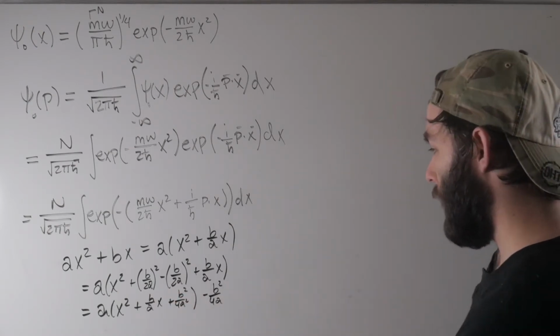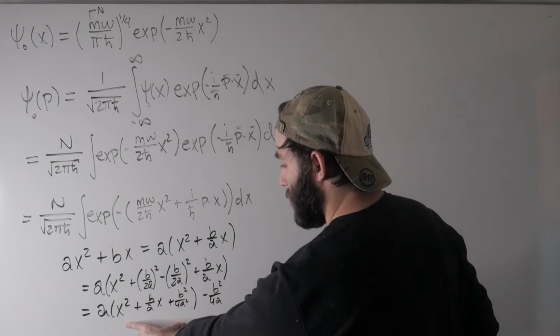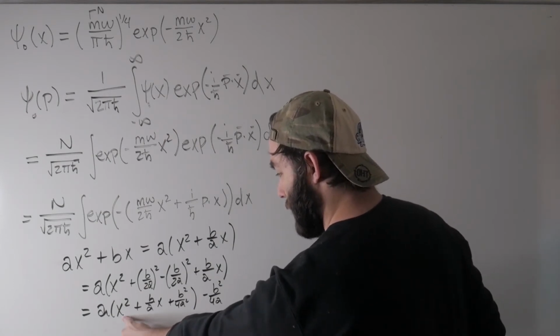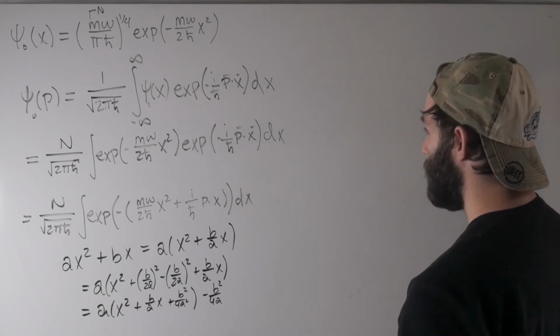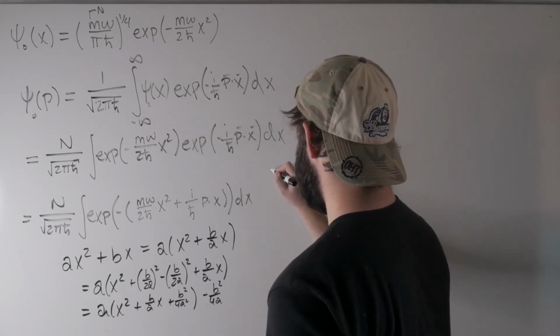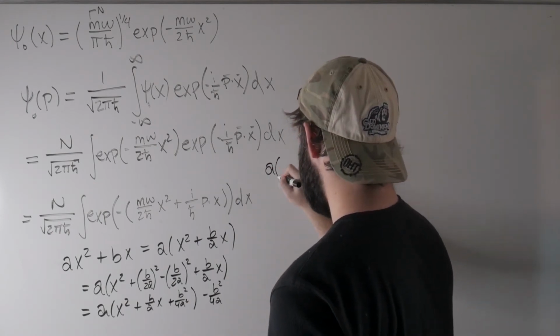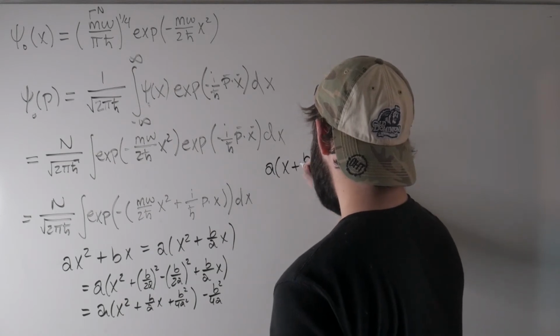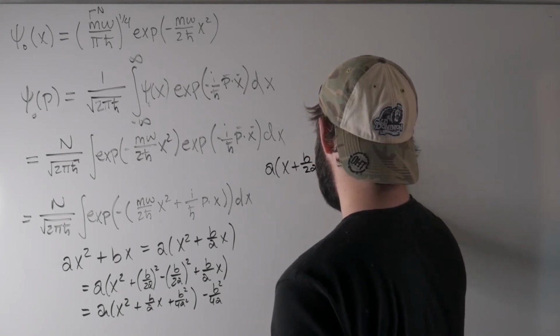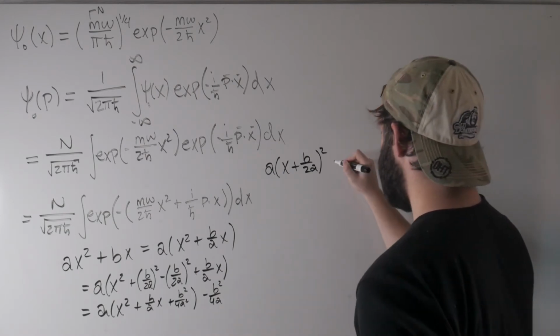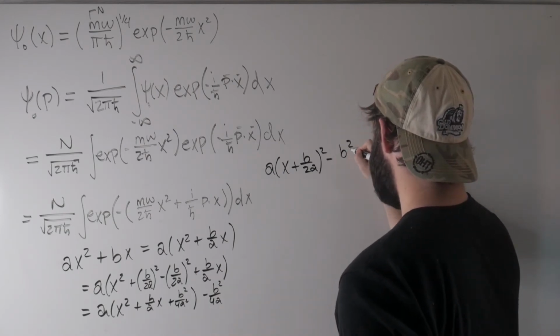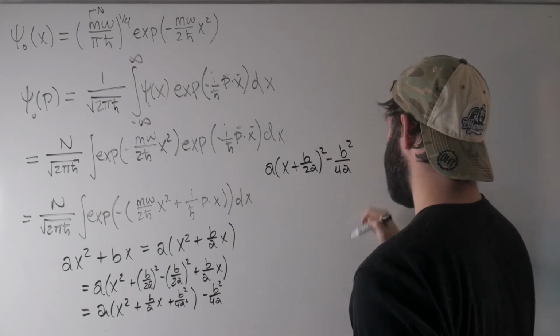Okay? And if we look at this now, this is something that factors. This becomes an x plus b over 2a. So we can write this as a times x plus b over 2a squared. And then we still have this guy, minus b squared over 4a.